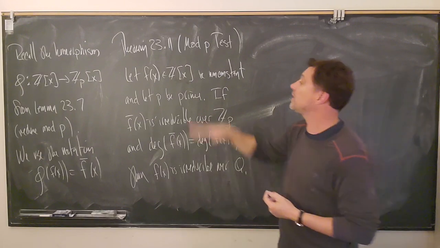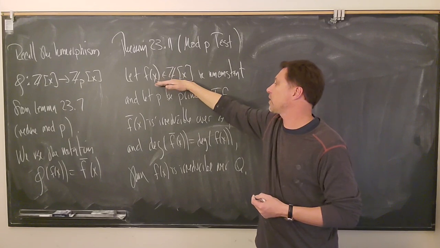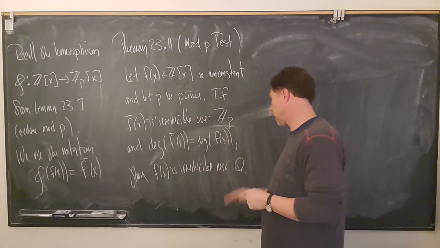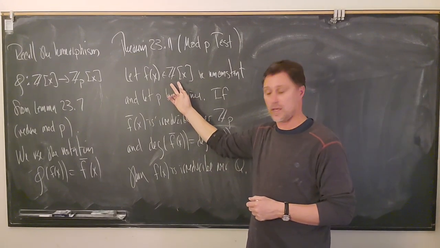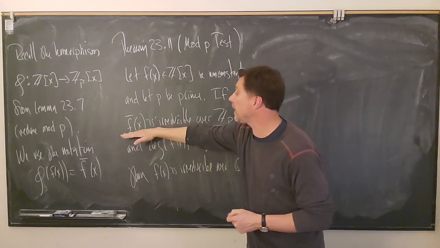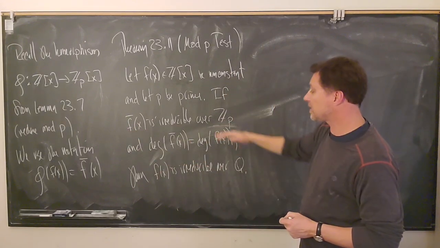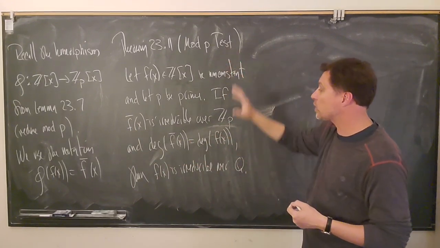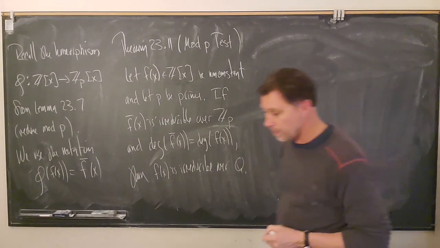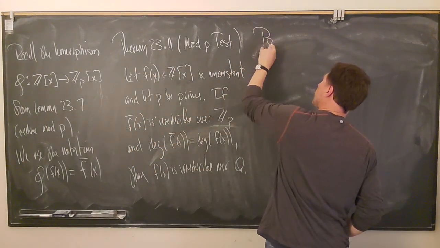So this replaces an infinite question, can we factor this polynomial over Q using polynomials from Z, with the question, can we factor a related polynomial, the one where we reduce the coefficients mod p, over Zp? Replaces an infinite question with a finite question. So this is a very, very useful result. Okay, so now for the proof.